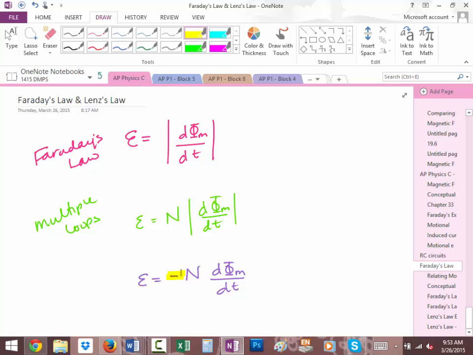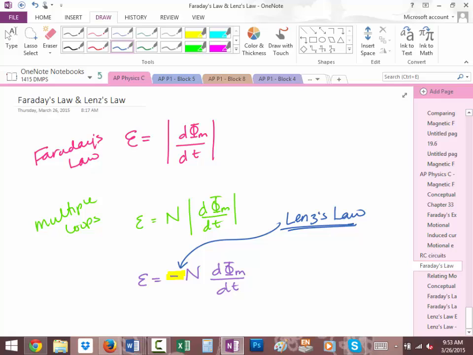Perhaps the most important negative sign that you ever learned in physics. Right there. Okay? That negative sign has a law associated with it all by itself. Like that little horizontal line has a law. And the law that it has associated with it is Lenz's law.